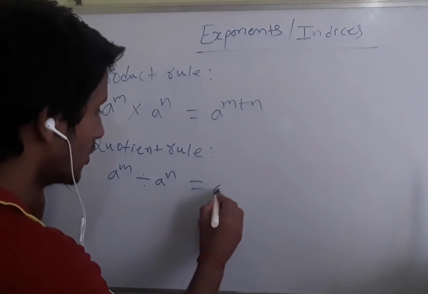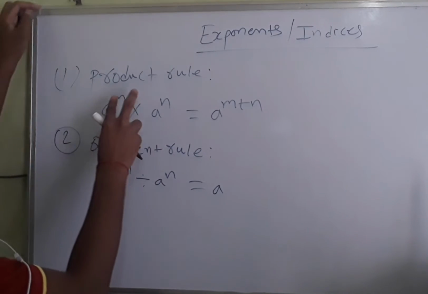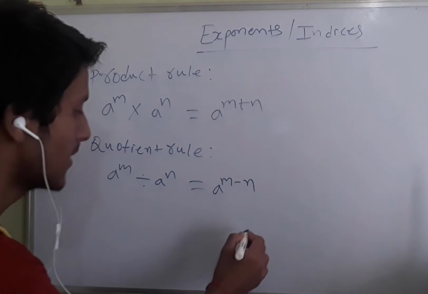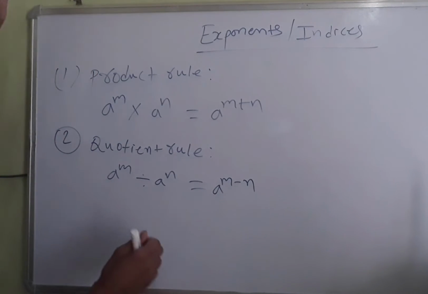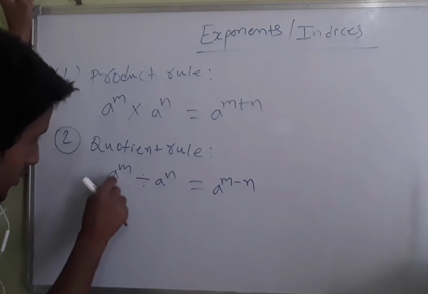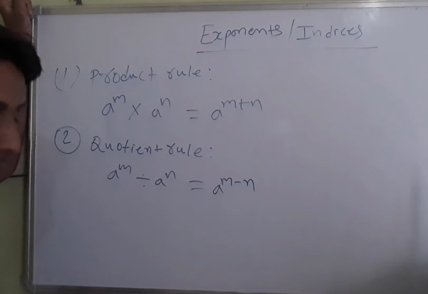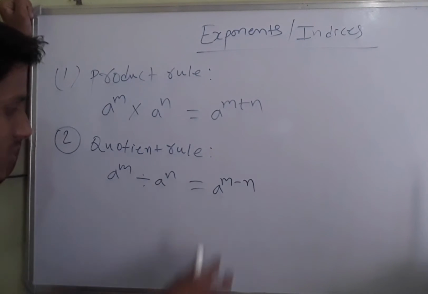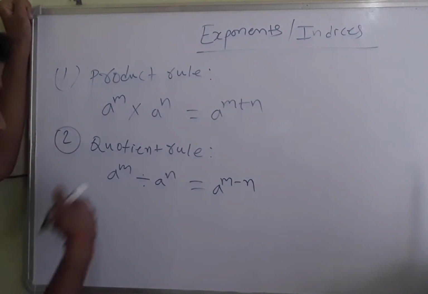In the product rule, we have the exponents added, and here we're going to have the exponents subtracted. But notice that we have the same base in both terms. The base is a. Then we are only allowed to do this. So that was the quotient rule.